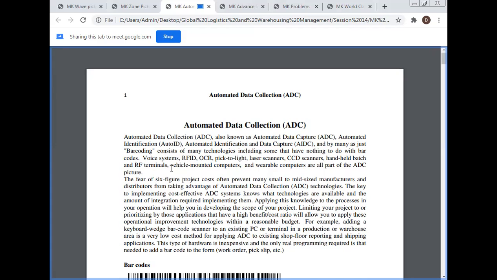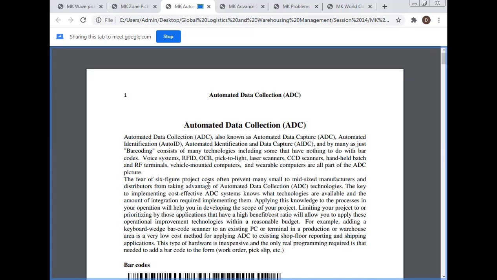Voice systems are there, RFID is there, OCR is there, pick to light, laser scanners, CCD scanners, handheld batch and RF terminals, vehicle mounted computers, and wearable computers. All are part of automated data collection, and you will study all of the equipment named here.